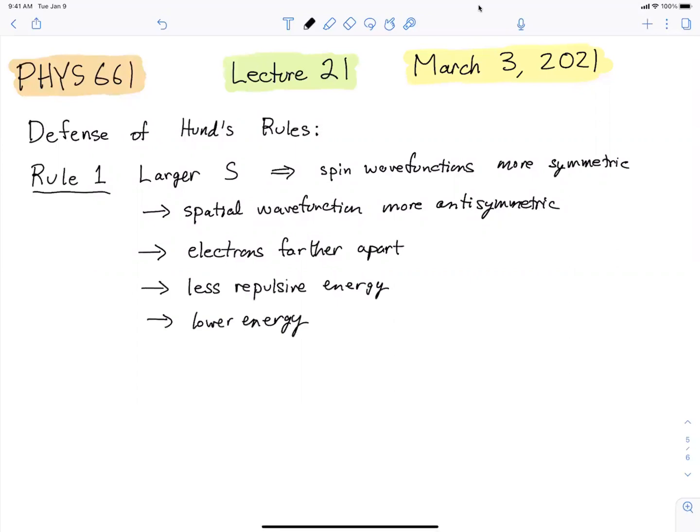And so they are more bound. Okay, so it might bear a little bit of explanation why we say that the electrons are farther apart.